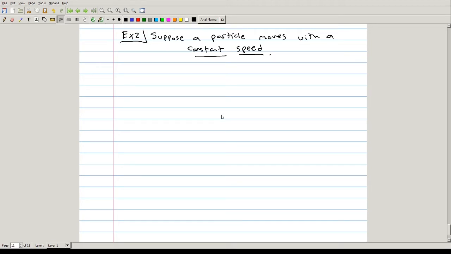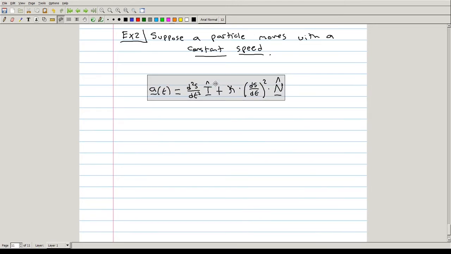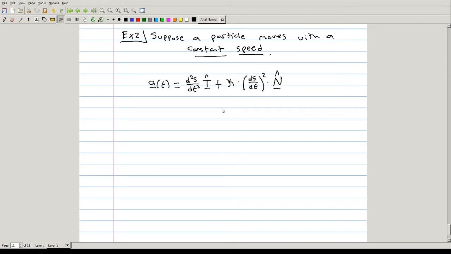And we know that the acceleration will always be decomposed into a tangential component and a normal component. But if it moves at a constant speed, that means that the rate of change ds/dt, or the magnitude of the velocity vector, is equal to a constant. I'll just call it vc, a constant speed, not constant velocity.